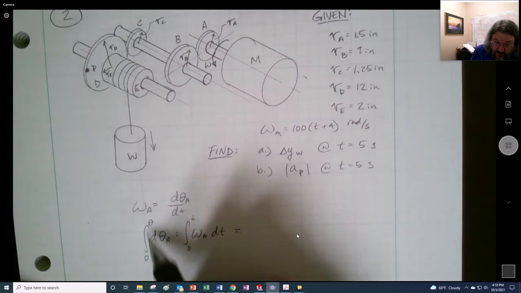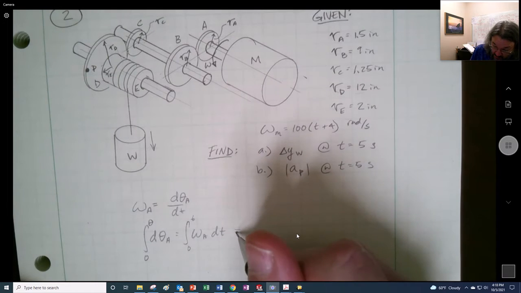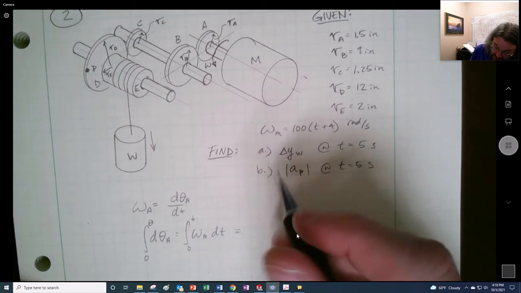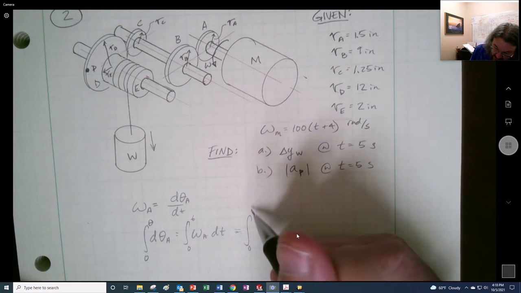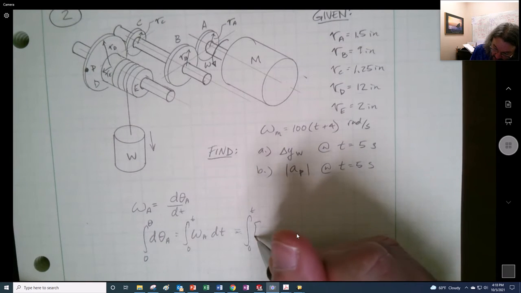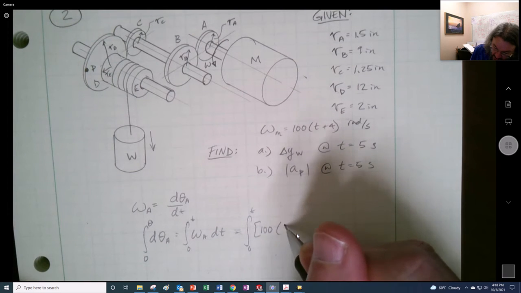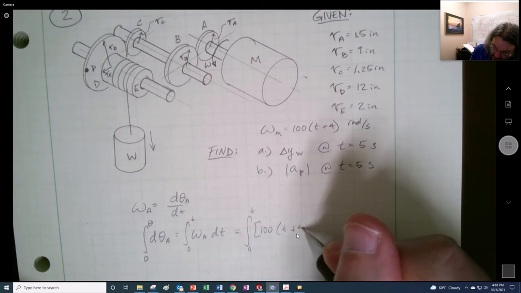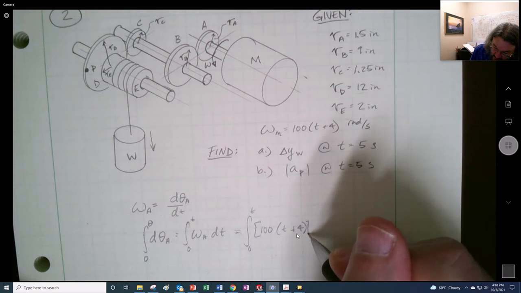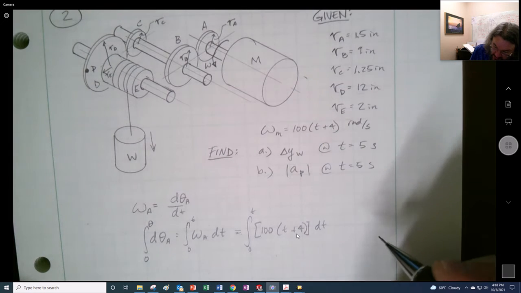So this is really just going to be delta theta. And so putting this back in, now we're going to put in 100 t plus 4 dt.